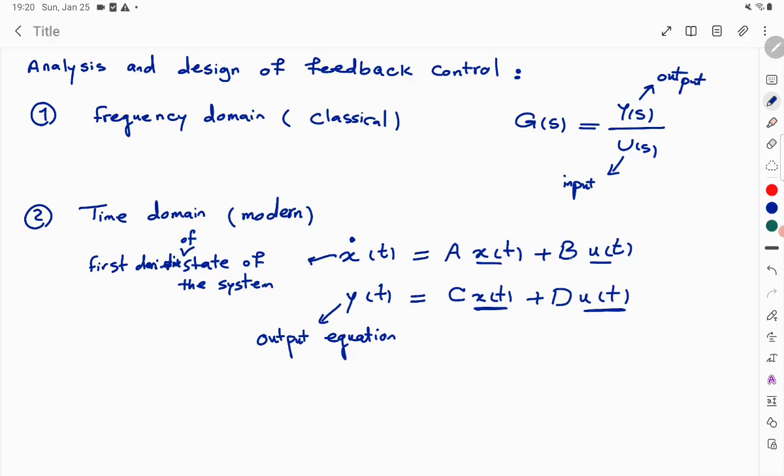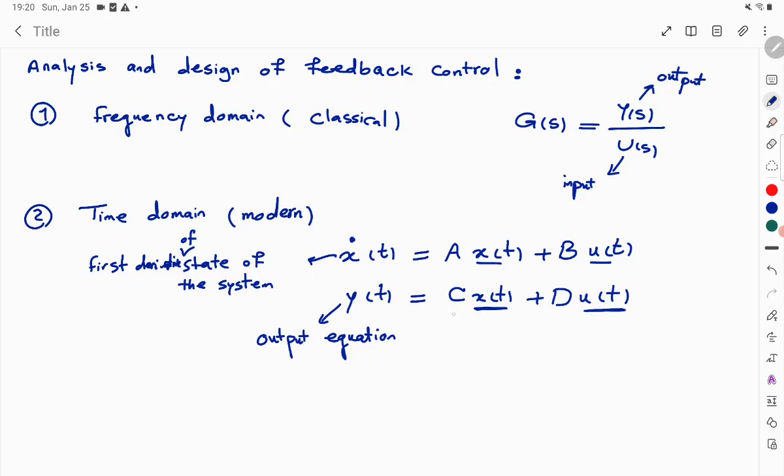And plus B u, B is a matrix that relates the input which enters the system to the dynamic of the system, which is x dot. And also the output equation is written based on the state of the system plus input. And this C and D also are constant matrices. For instance, D can be 0, and C is normally written based on the measurement output.